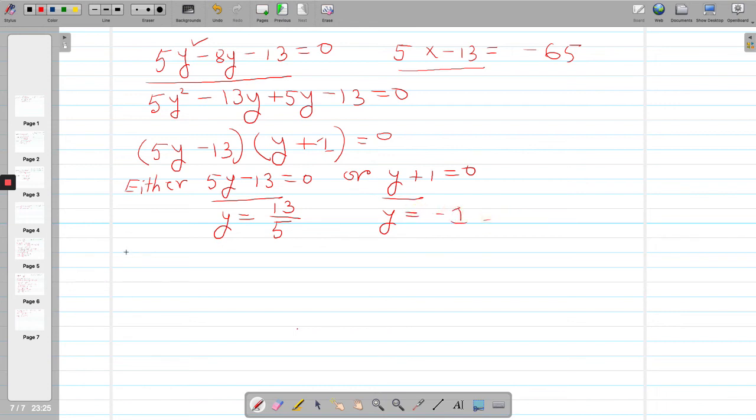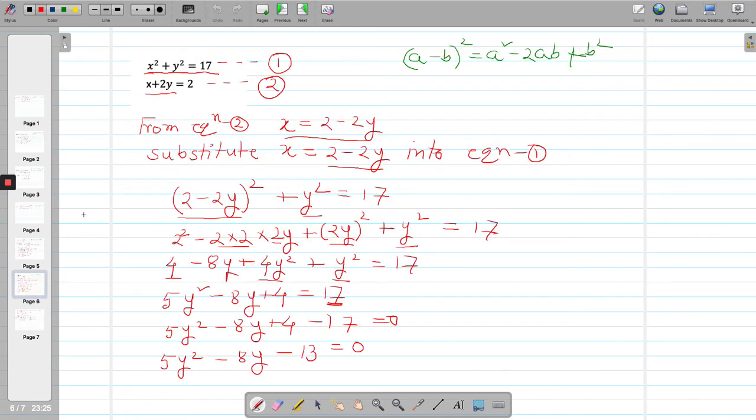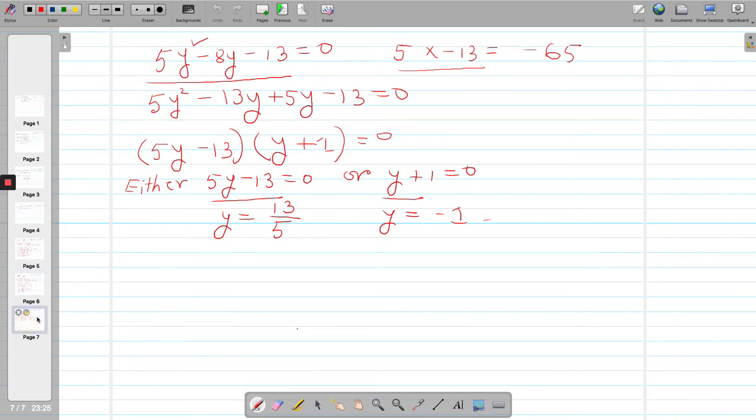Now, if you remember, what was equation 1? Okay, let's look at the first page. Sorry, equation 2 was this one, x plus 2y equal to 2. So we take any of them, take this one maybe, when y equals 13 over 5.